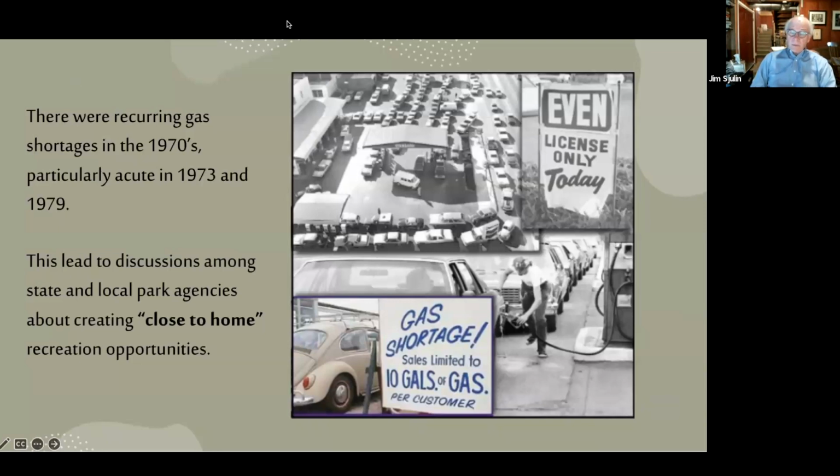And it was during those discussions that Doug Bridges, who was then superintendent of Portland Parks, uncovered and called attention to the Olmsted Plan of 1903-04 with all the connected boulevards. So the Olmsted Plan in those discussions quickly became the inspiration for a new project that would become the 40-mile loop to provide close-to-home recreation. Next slide.